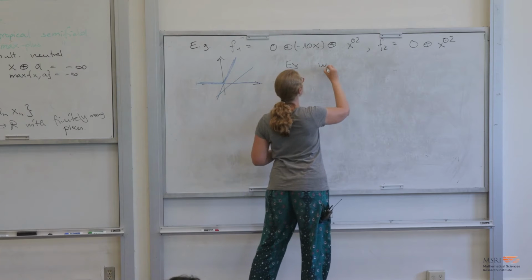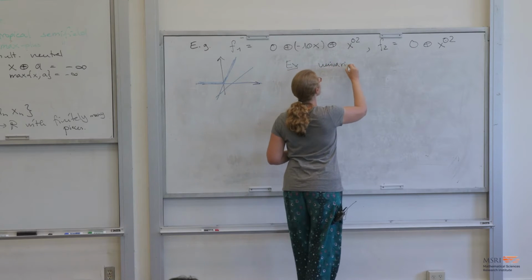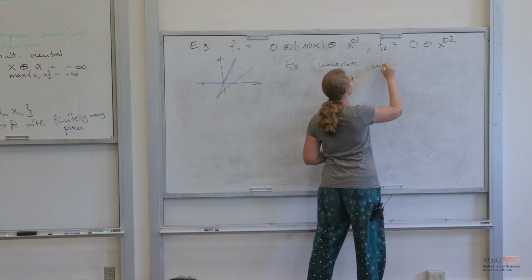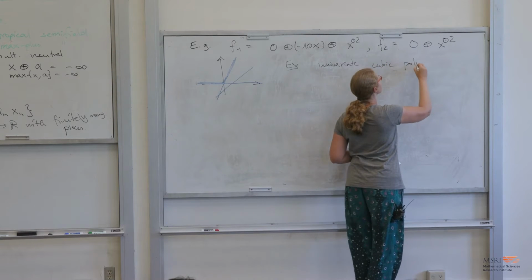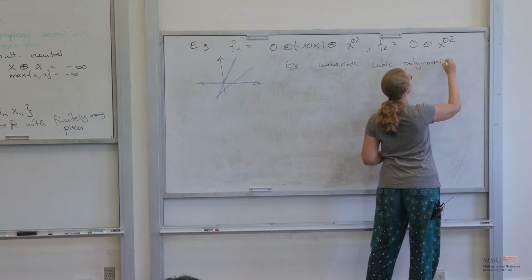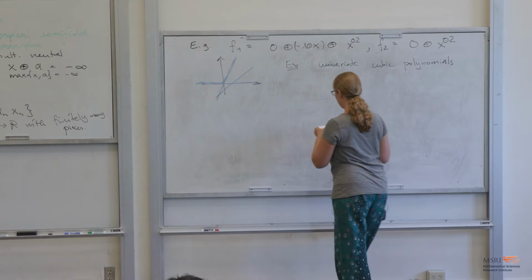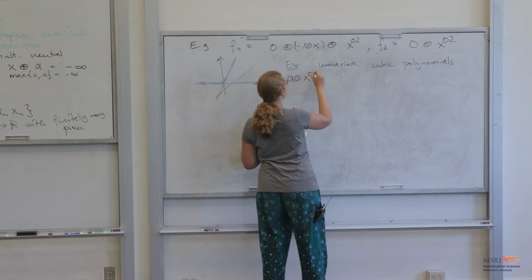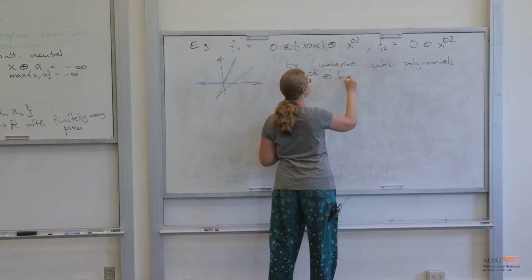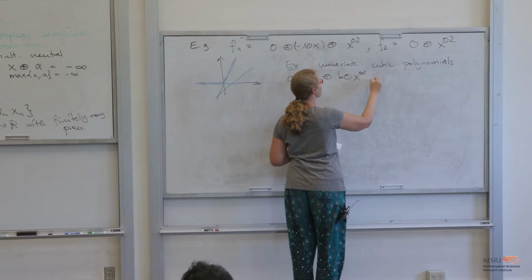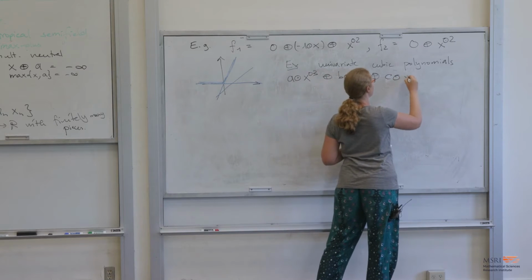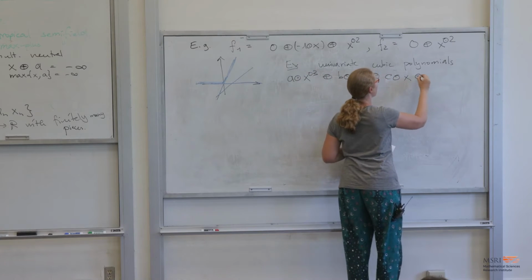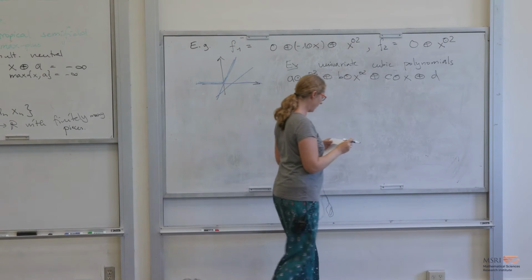Let's discuss univariate cubic polynomials. They are of the form a times x cubed plus b times x squared plus c times x plus d, for some numbers a, b, c, and d.